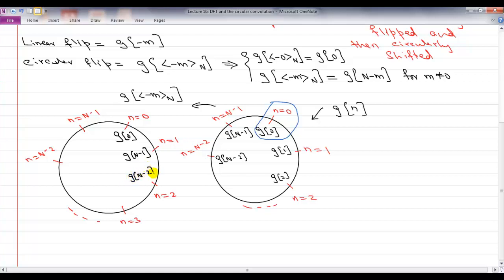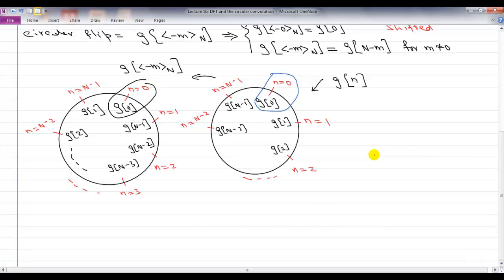And we keep on reading the values in the counterclockwise direction and start putting them in a clockwise direction in our new circle. So we get this new sequence where at n equal to 0 we have g0, but after that we get g of n minus 1 at n equal to 1, then g of n minus 2, g of n minus 3, and we keep on going with this till we reach g1.